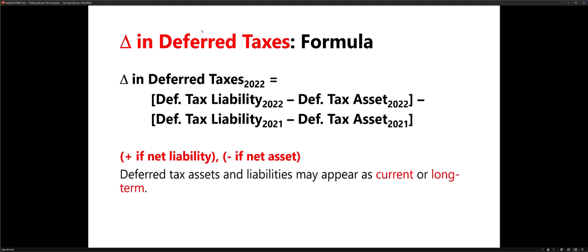So, for example, if the resulting number is positive, then there's an increase in net liability, and if the change is negative, then there's an increase in net asset. You always want to show it as net liability. And also, it may appear as current and non-current.